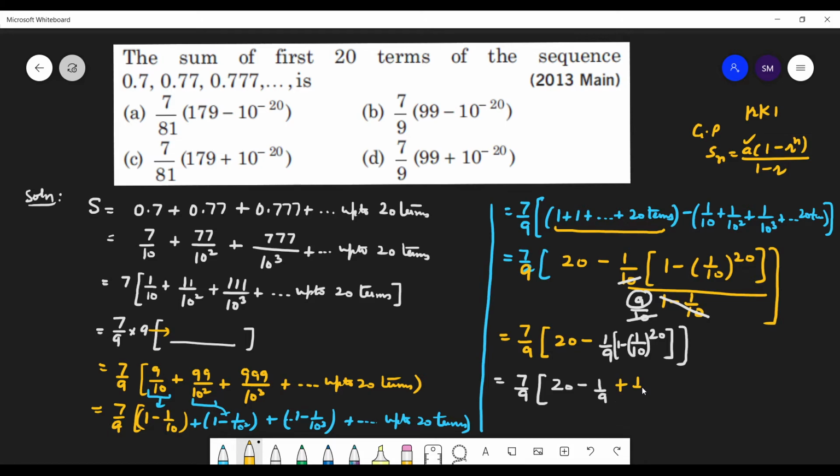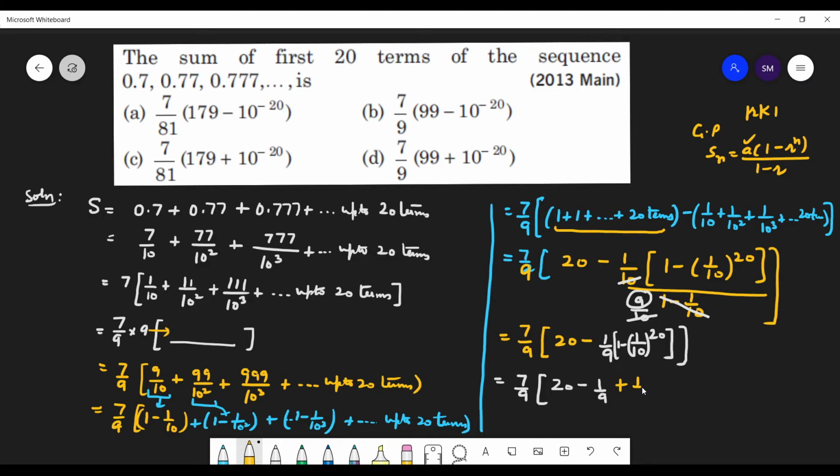So let's write it here. That's 1 by 2 into 1 minus 1 by 2 raised to power n divided by 1 minus 1 by 2. Okay. So here this 1 minus 1 by 2 can be written as 1 by 2, and this 1 by 2 will cancel with this.